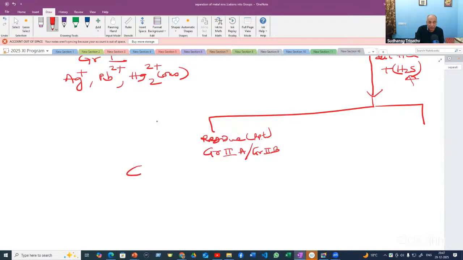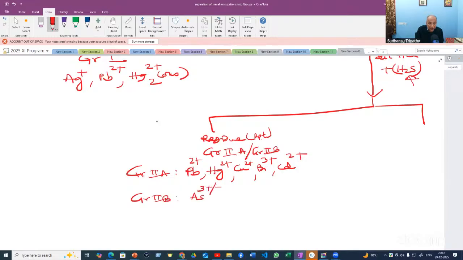Let me tell you here, group 2A contains 5 metal ions: lead, once again, I'll tell you why, then mercuric 2+, then copper 2+, bismuth 3+, cadmium 2+. 5 metal ions. And group 2B contains 3.